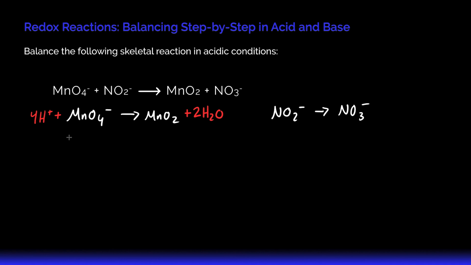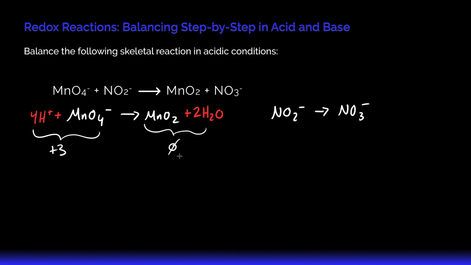But the problem is, this is a redox reaction, and one thing that's really, really important in really all of chemistry is that your charge has to balance on the left and the right. And in this process, we even made the charge balance worse by adding those H+. And so what we see on the left is that we have a +3 charge, and on the right, we're neutral.